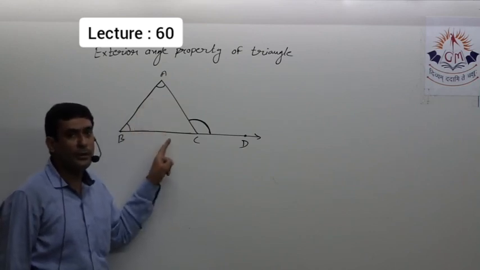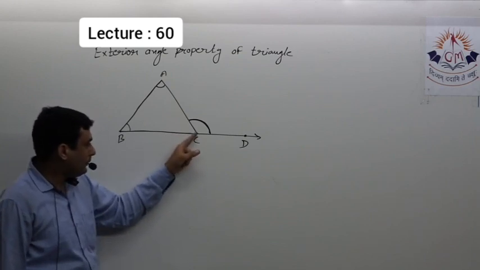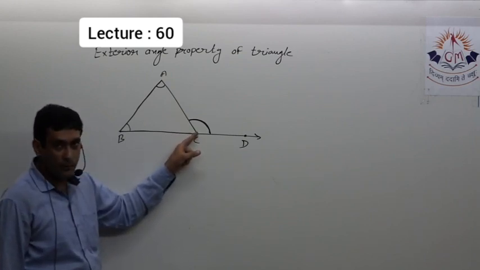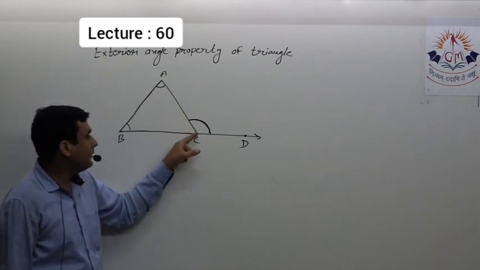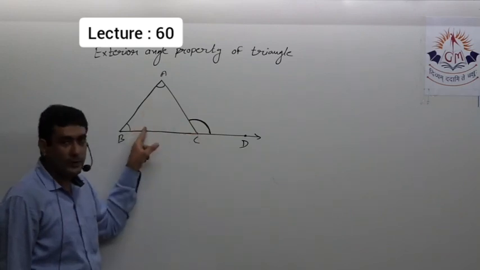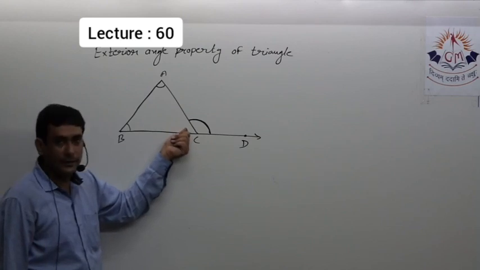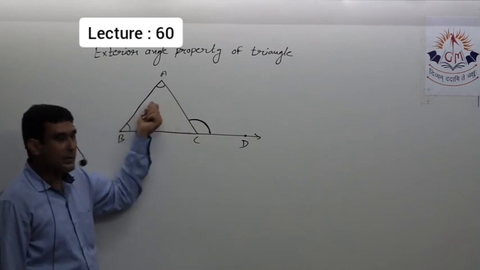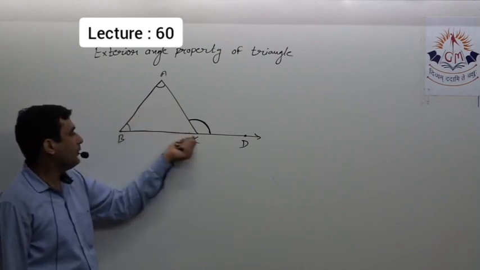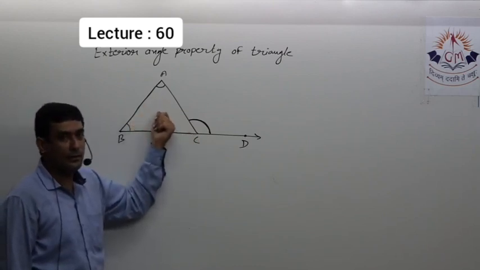As compared to point C, which has the exterior angle, these are the remote interior angles, which are a little bit far from point C, not the nearest interior angle.